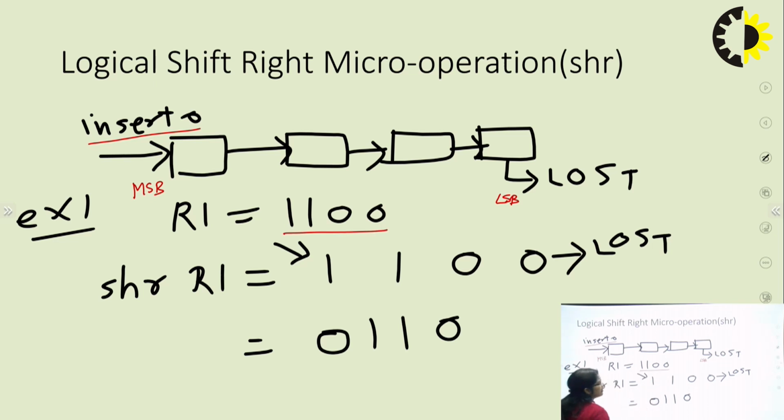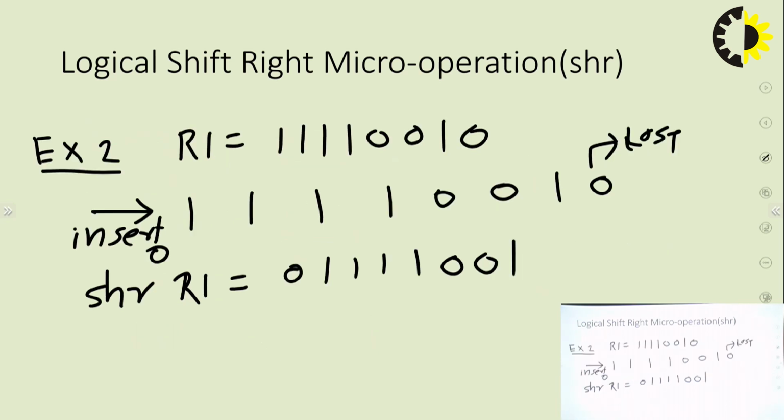In this, on the MSB side you insert 0 and the LSB side will be lost. So the result of SHR R1 can be written as 0110.